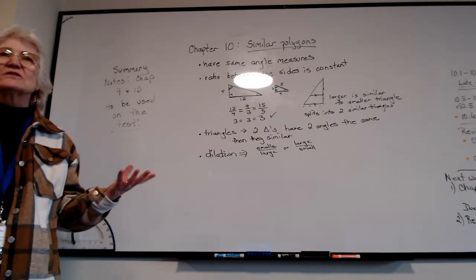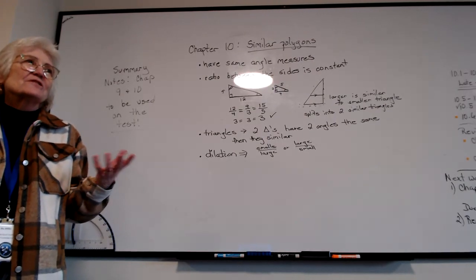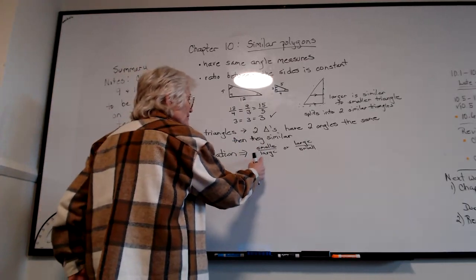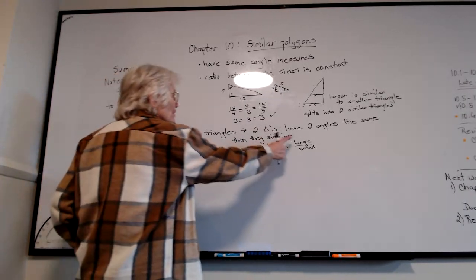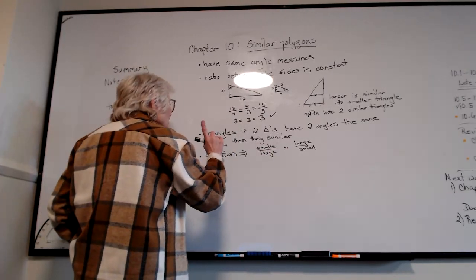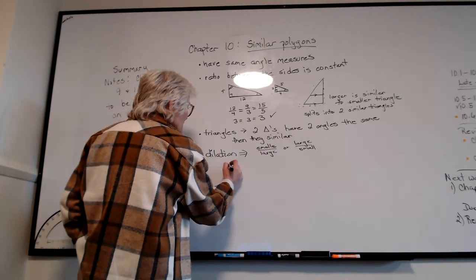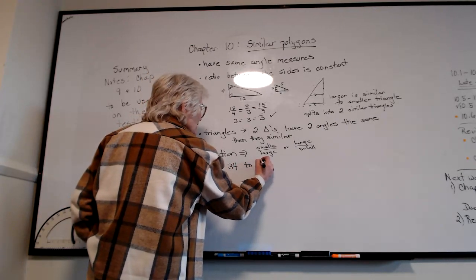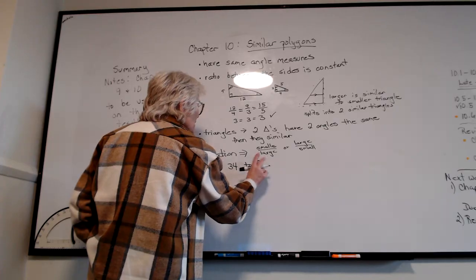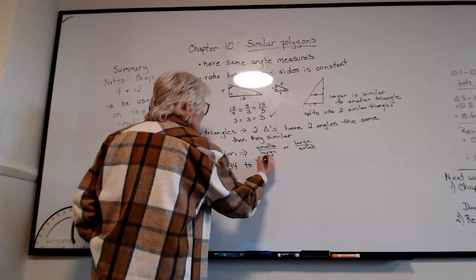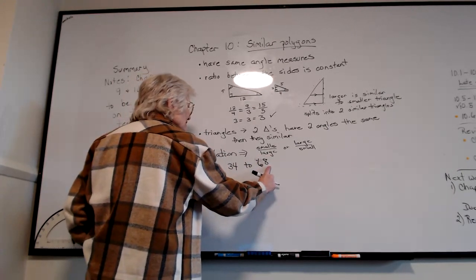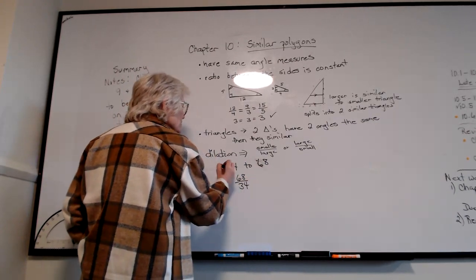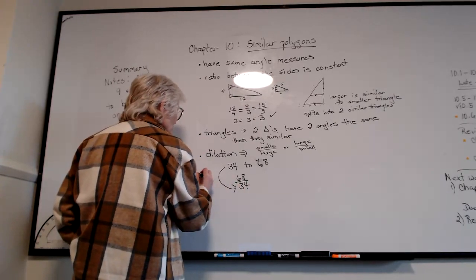The dilation is just how much you are multiplying it by or changing it by. It's really the proportion of the small triangle to the large triangle or the large to the small. When you're writing them, if it is 34 to 68, that'll be easier, 34 to 68 means we're going 68 divided by 34. So the first number is on the bottom.